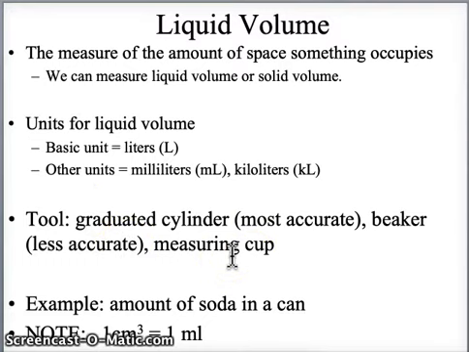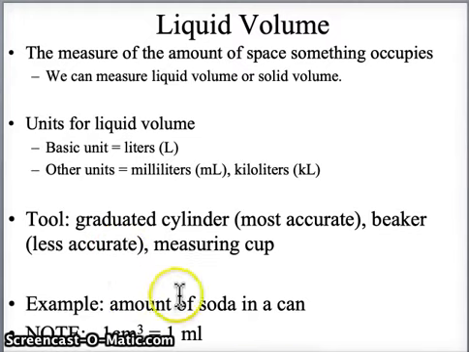We're going to talk about this in just a little bit, but a graduated cylinder is always the most accurate way to measure a fluid. A beaker is less accurate. So if you need a precise measurement, use that graduated cylinder. To get an estimate, use a beaker.